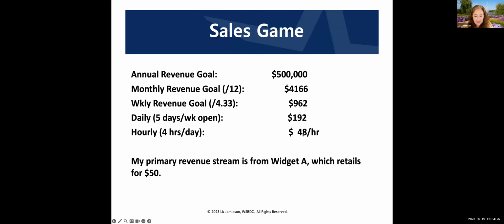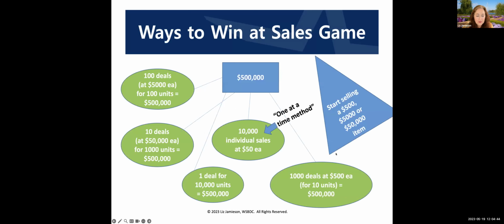Then I can see here if my minimum hourly sales number, and I sell, let's say 4 hours a day, is $48 an hour, then I obviously have to sell one widget A every hour to stay on target with my sales game. So hopefully each of you will make a chart like this too. I think these are super fun.